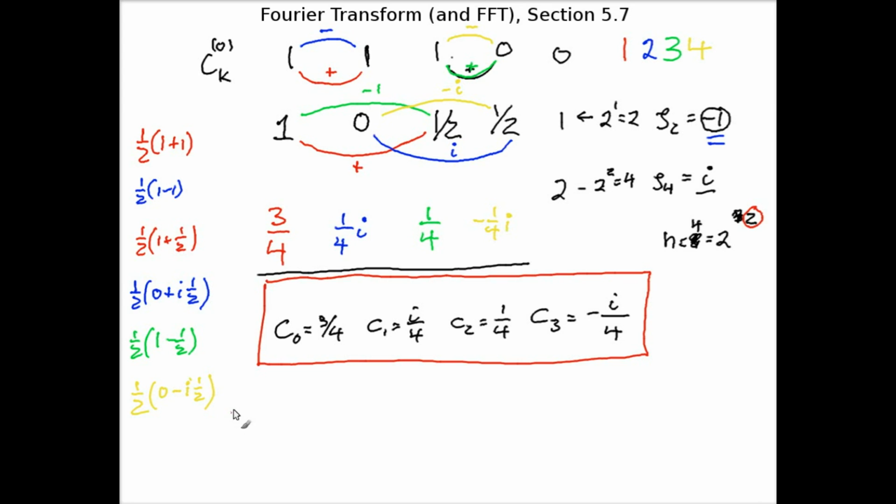So the fact, which is basically sort of clear from everything I've said, is that the number of operations required for this is approximately n log n, which is dramatically less than n squared.